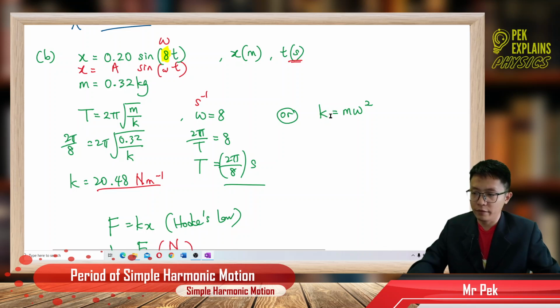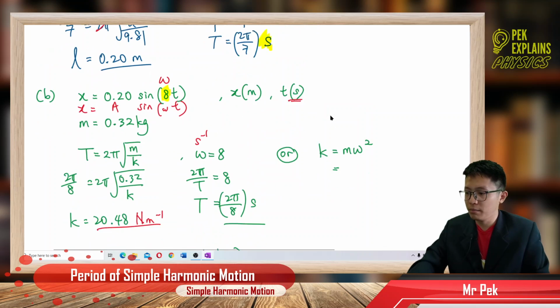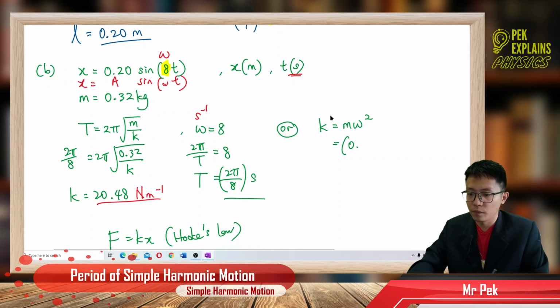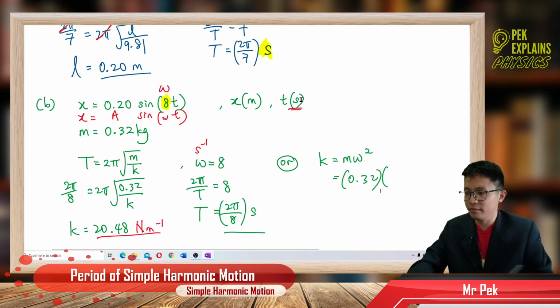Let's try it out. We have the mass. K equals m omega squared. m is 0.32 kilogram, SI unit. Omega is 8 per second. The unit follows the time: time is in seconds, so omega is per second, already in SI unit.